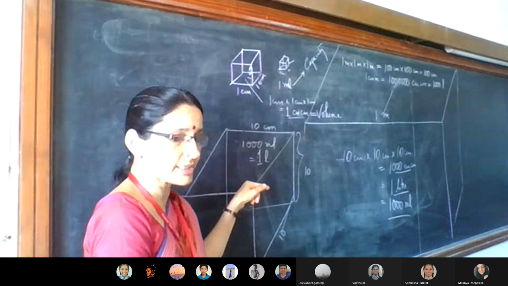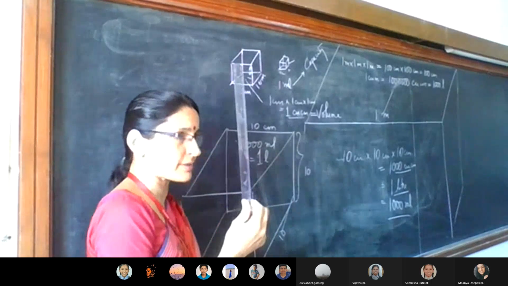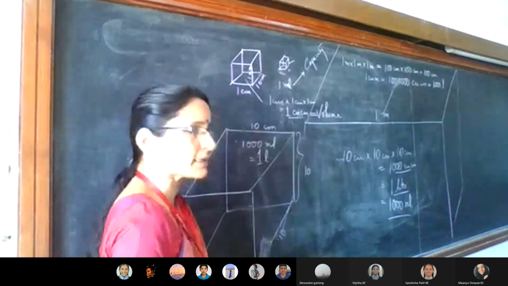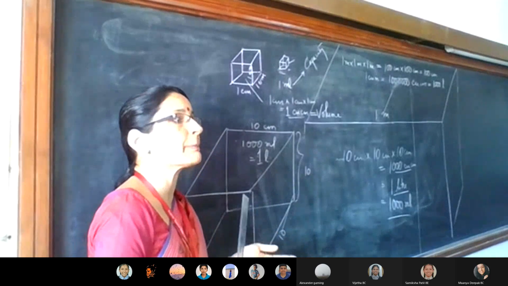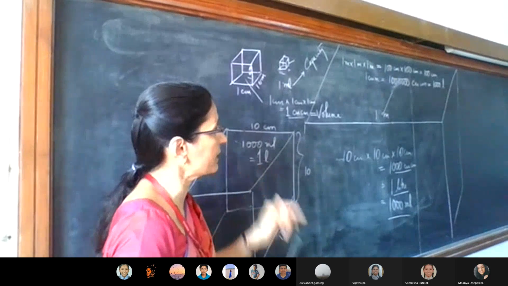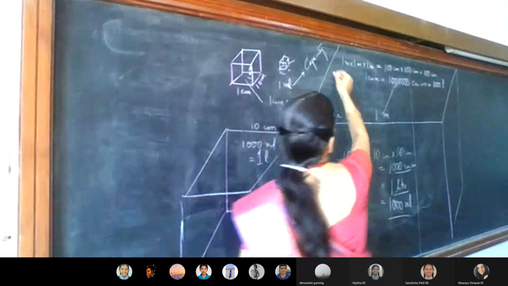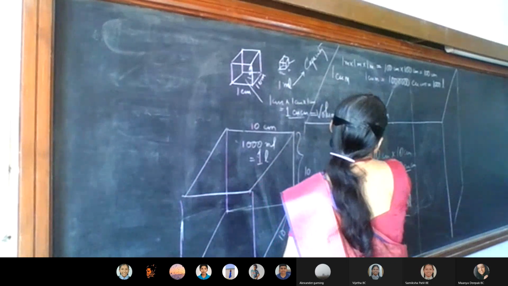So 100 centimeter into 100 centimeter into 100 centimeter is equal to 10 to the power 6 cubic centimeter, or 1 cubic meter.